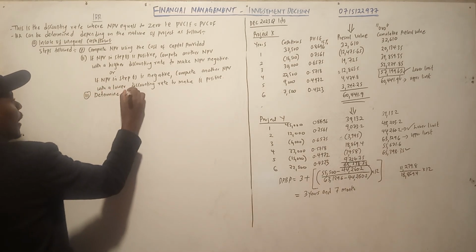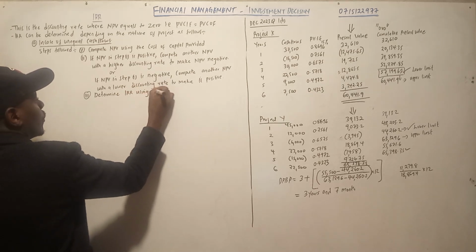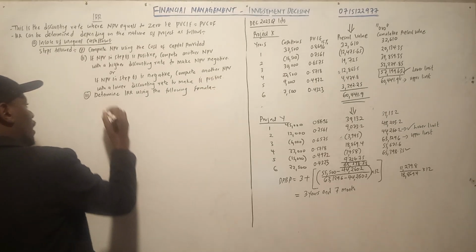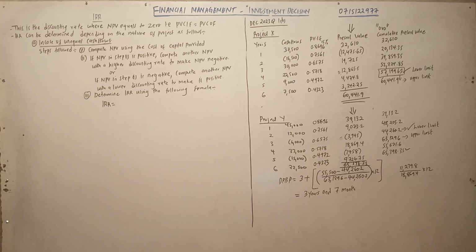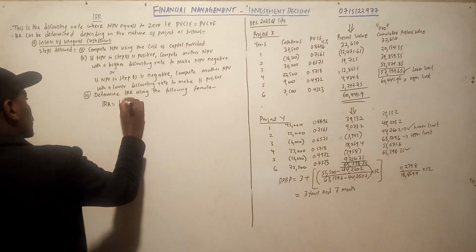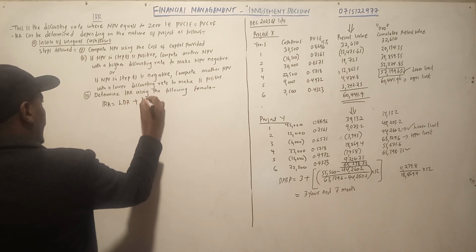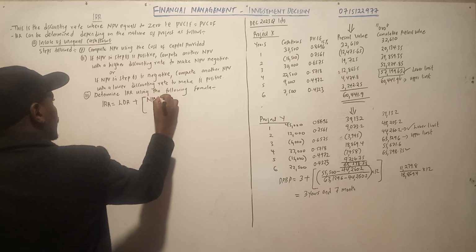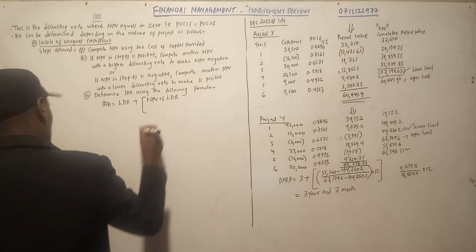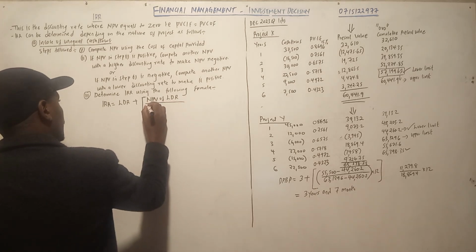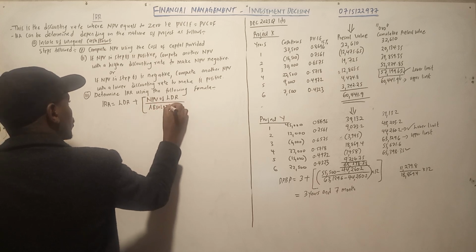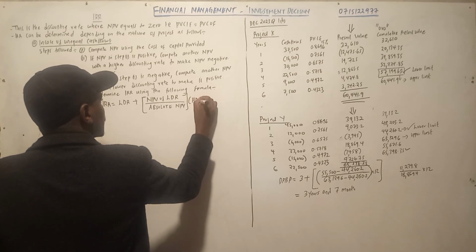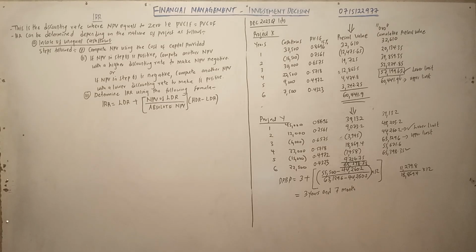IRR is equal to the lower discounting rate plus, into bracket, NPV of the lower discounting rate divided by the absolute NPV, then you multiply with the higher discounting rate minus the lower discounting rate. That is all about it.